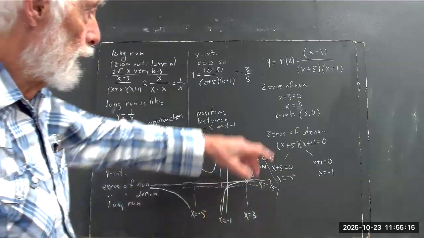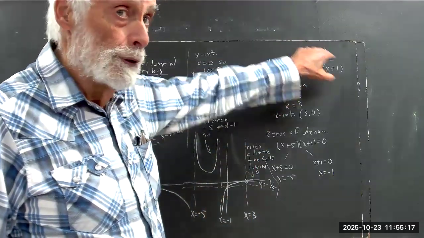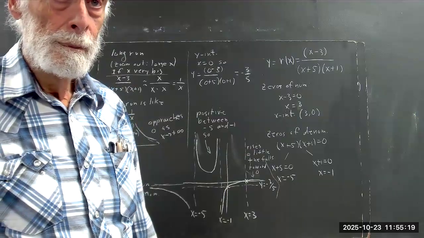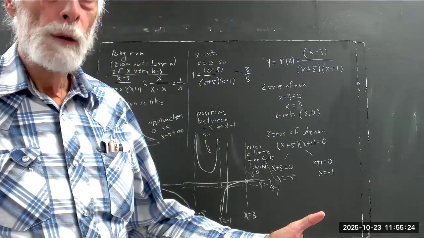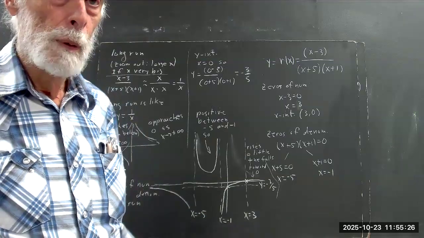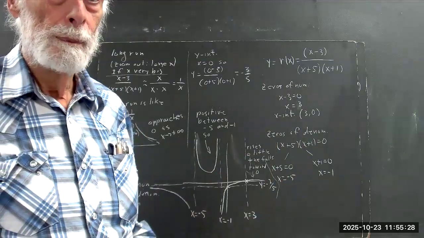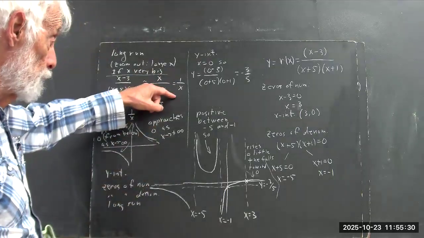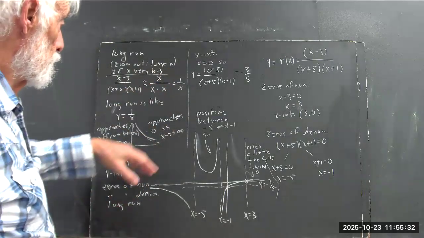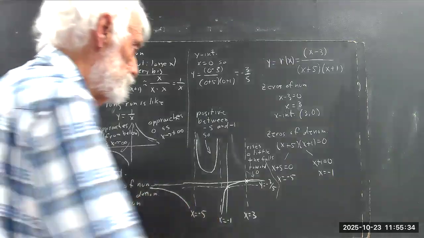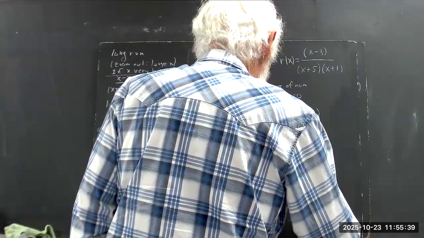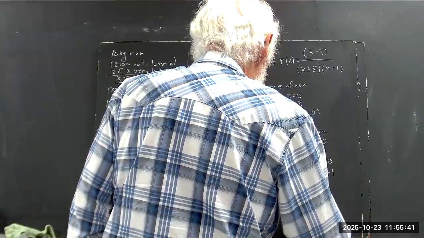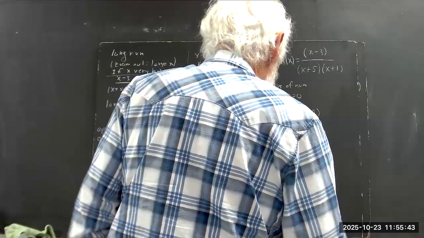Whenever the denominator has a degree that's bigger than the numerator, it's going to approach zero as x approaches infinity or negative infinity. Only question is whether it approaches from above or below. If this is a 1 over x squared, then the graph would look like, well, the reciprocal square graph looks like this.